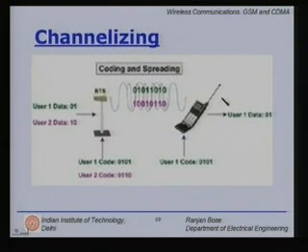So, let us consider a simple example when there is a user 1 and user 2, and they use their own PN sequences, codes here, code 1 and code 2, to send their own data. But please note, CDMA system is using the entire bandwidth all the time for both the users.